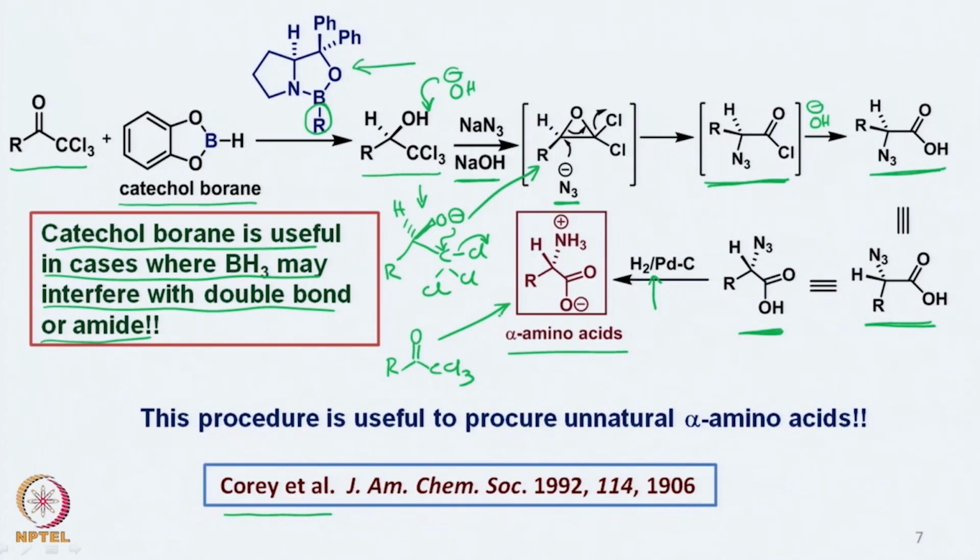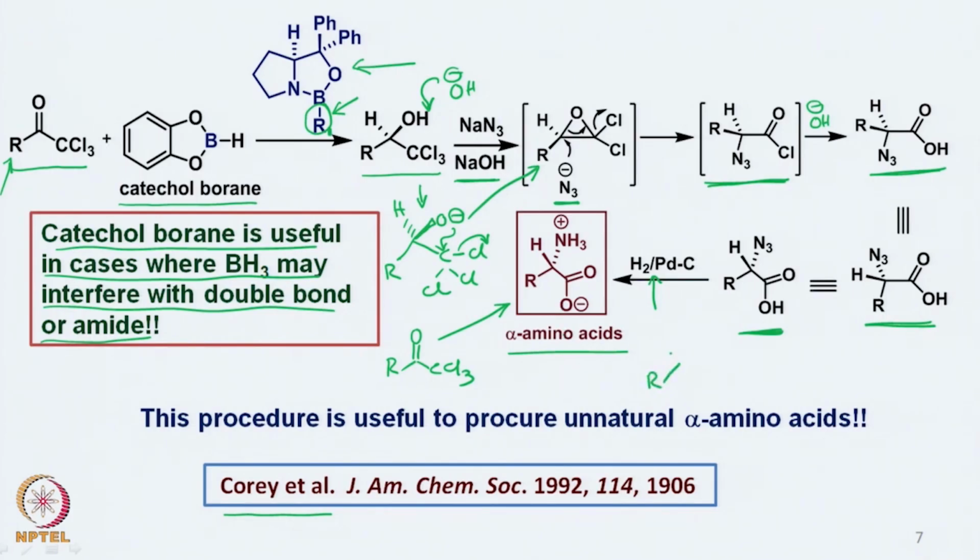Now here, depending on what the R group is, of course I must emphasize that this R group is different from this R group. So basically one can write this as R1 to distinguish from this R. So we can imagine that we can also get this alpha amino acid with a different configuration.